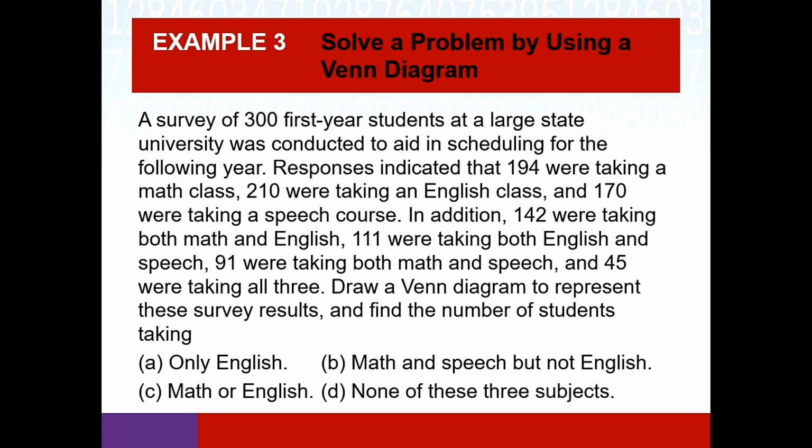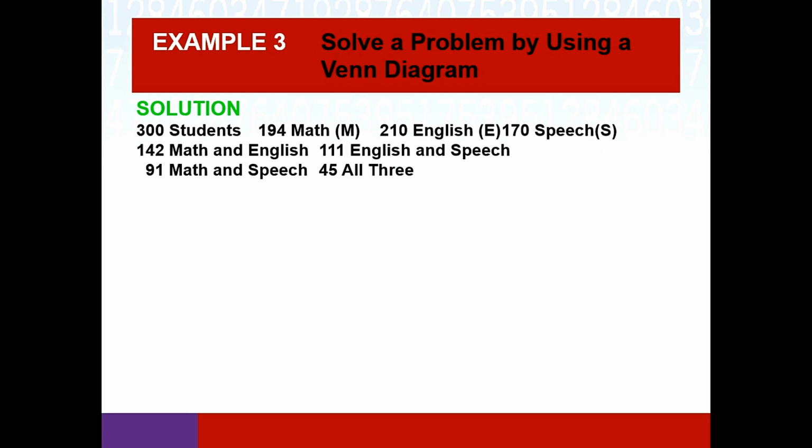Okay. So let us remember we have 300 first-year students. So we have here our given 300 students, 194 for math, 210 for English, and 170 for speech. 142 for math and English, 111 for English and speech, 91 for math and speech, and 45 for all three. Okay.